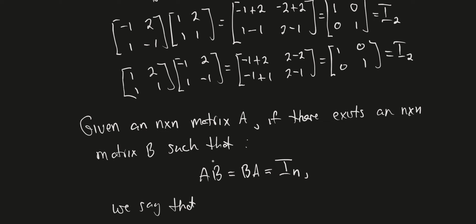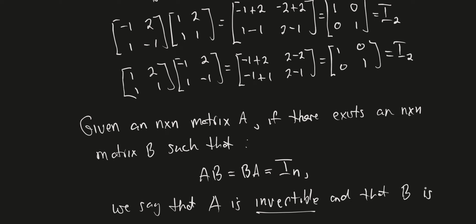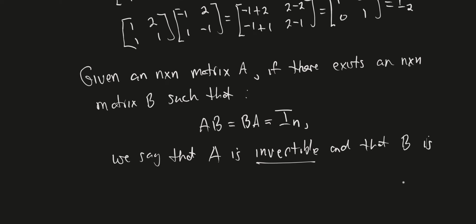a couple things. We say that this matrix is invertible, right? So we say that A is invertible, and that B is its multiplicative inverse.